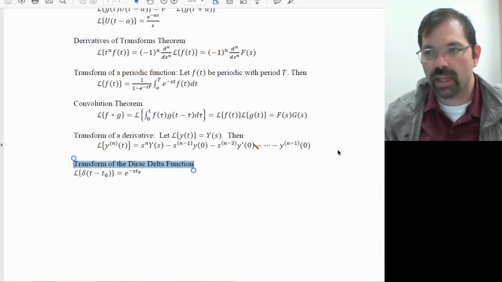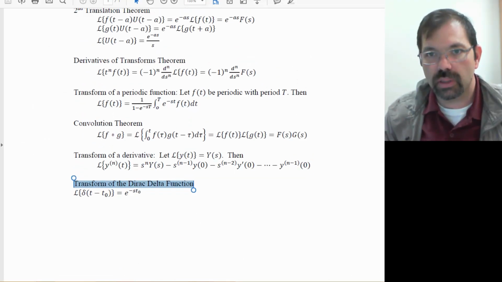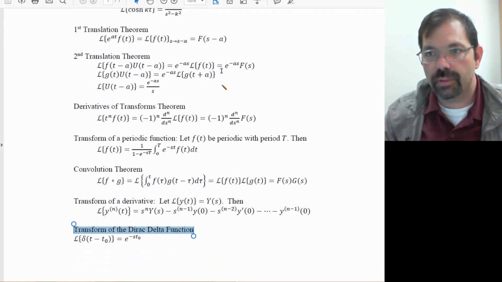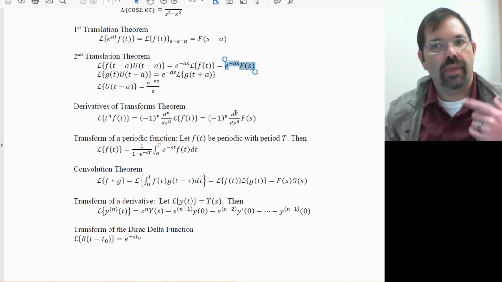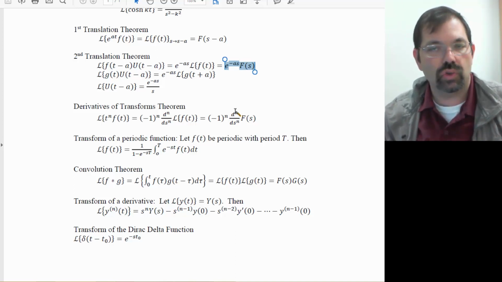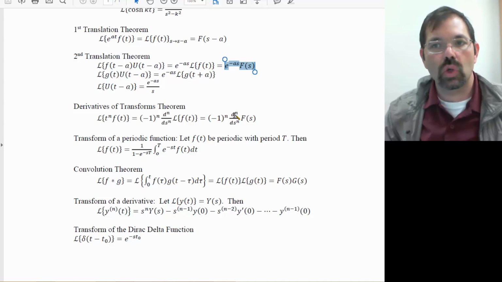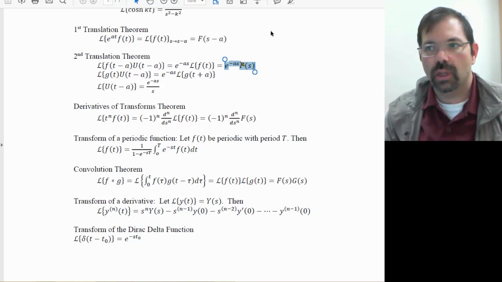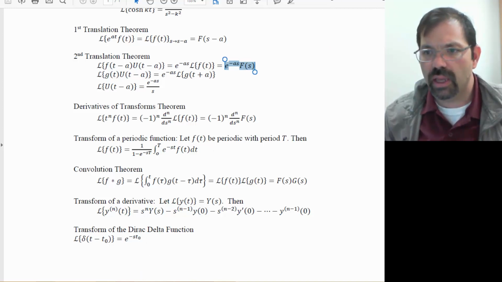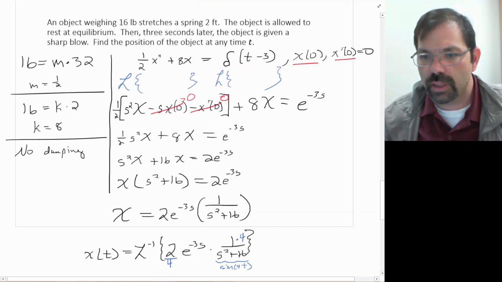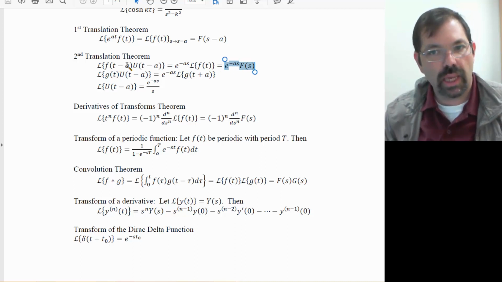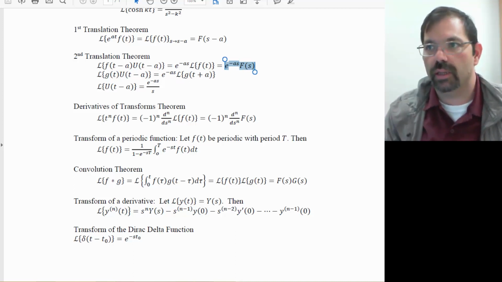All right, so if we go back and look at our possibilities here, remember that if we see e to the negative as times F of s, that's telling us to use the second translation theorem. We're going to need a unit step function here. And since a, what was a in this case? It was 3, right? Yeah, a is 3. So then I'm going to need f of t minus a, u of t minus a.